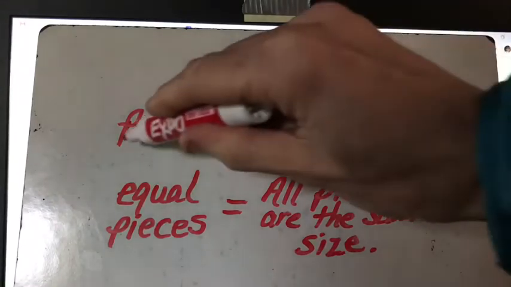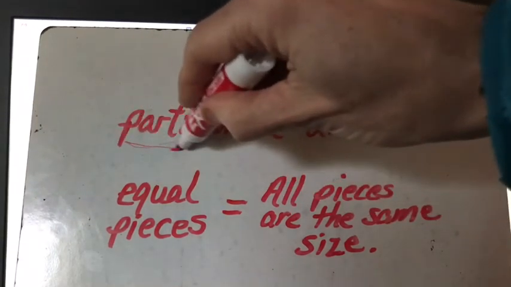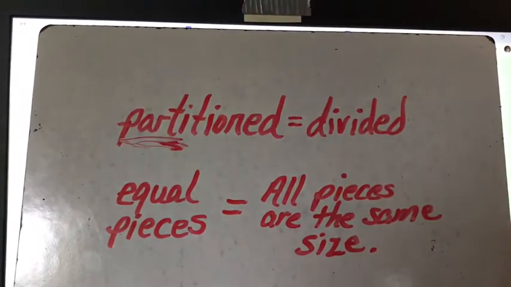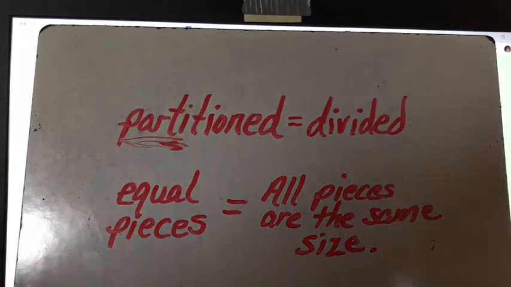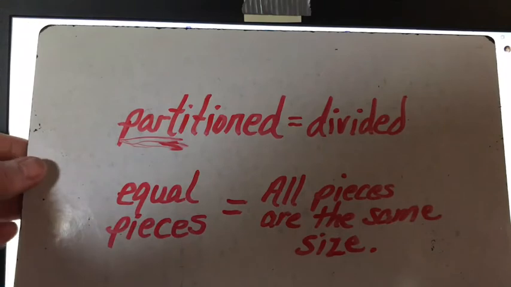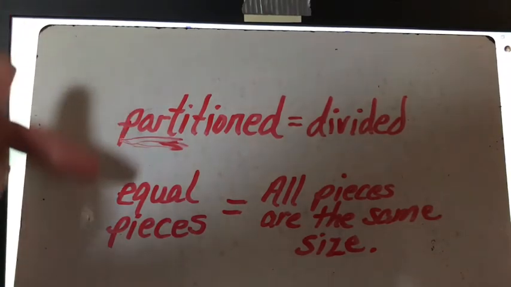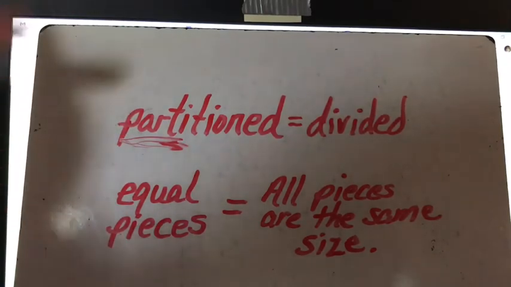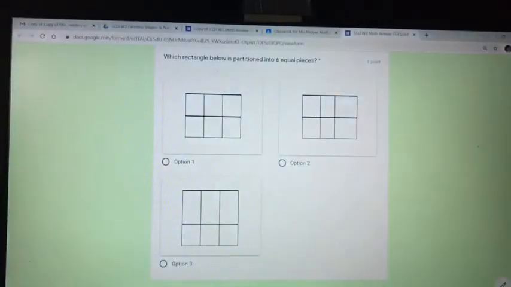I have the word part in the word partitioned, and partitioned means to be divided. I need it divided or partitioned into equal pieces. If they're equal, all pieces are the same size. So let's go back and look, keeping those two key words in our mind, okay?